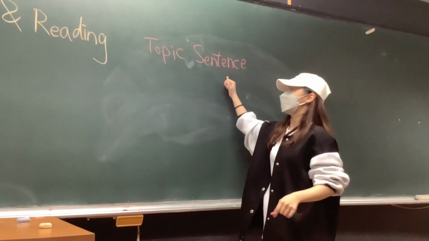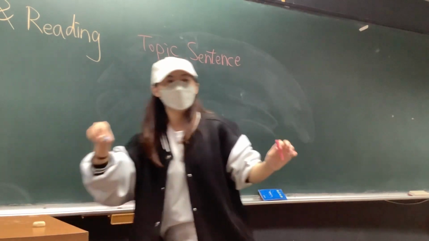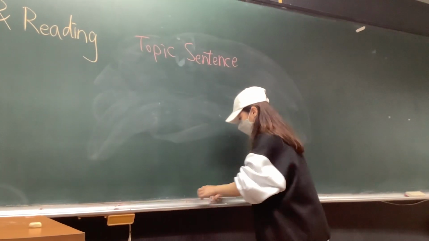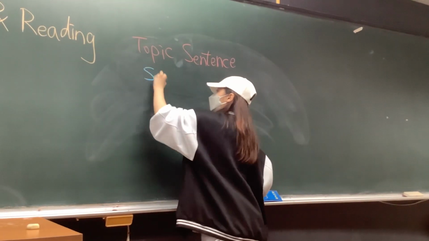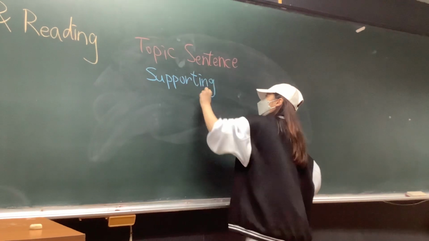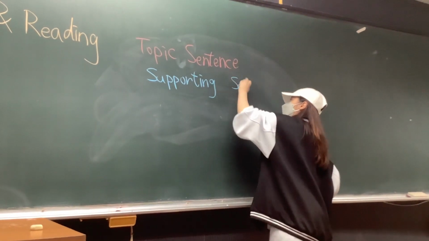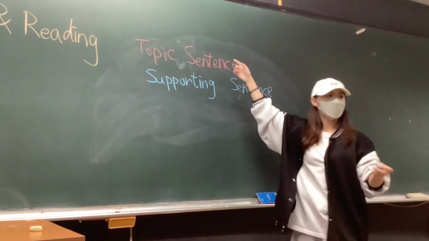The main idea. And the 3 sentences that you just marked with the blue pen are what we call the supporting sentences or the supporting ideas. What the supporting sentences do is support the main idea of this whole paragraph.